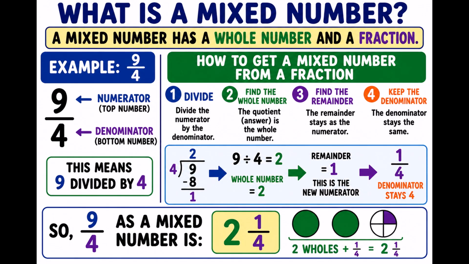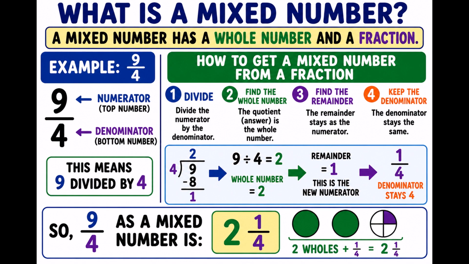It's a circle with 4 parts, but only 1 is shaded. So that means 2 and 1/4. That means 2 whole shaded circles and only 1/4 of the other circle is shaded.